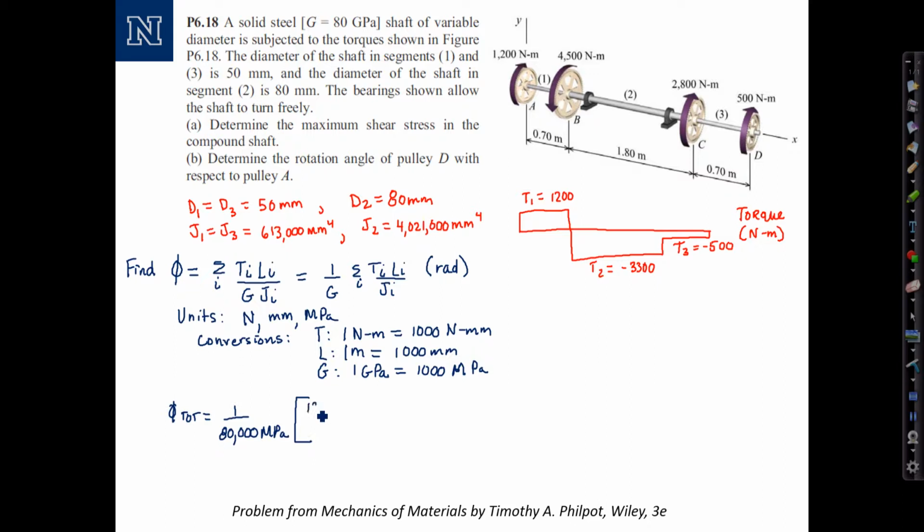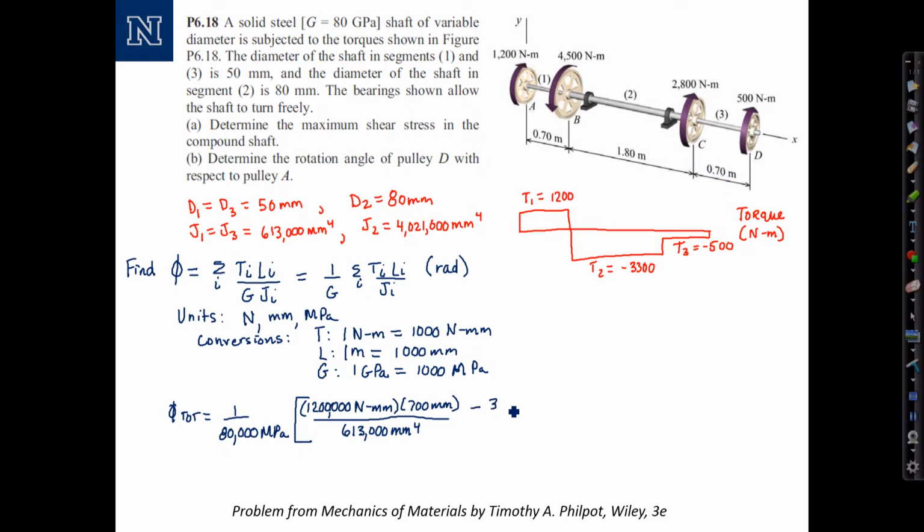T1 we'll use 1200 times 10 to the third newton millimeters. L1 being 0.7 meters or 700 millimeters, and J1 being 613,000 millimeters to the fourth. To save a little bit of time, I won't write out all the units for the other terms because they're the same.